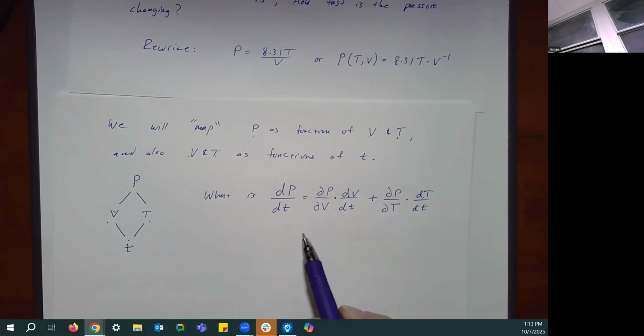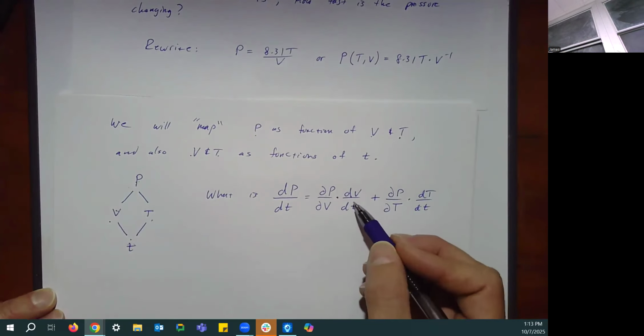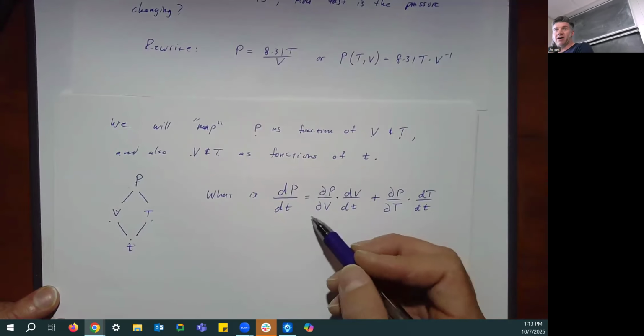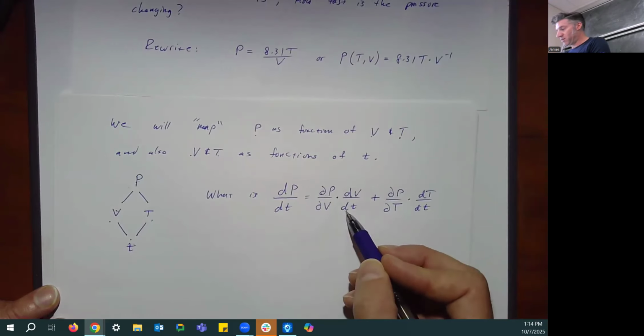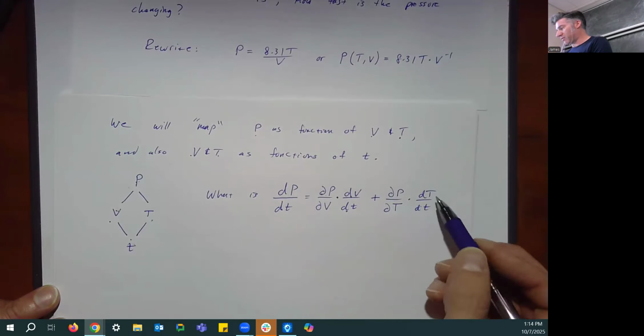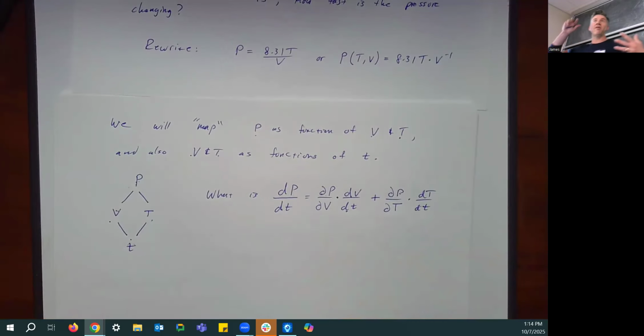If you multiplied this thing that isn't a fraction but looks like a fraction times this other thing that looks like a fraction but isn't, you can imagine the dV's and the del V's canceling and being left with del P over dt. Same deal here. You can think of the dT's canceling and being left with del P over dt. So that's how you should think about it. If you were to cancel them, you should be left with the derivative you're looking for. I recognize there's two of them added together. We don't worry about that.